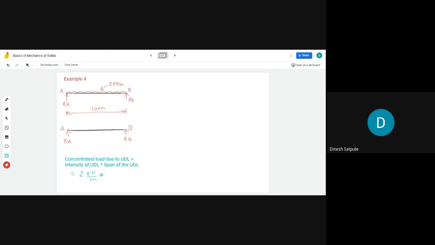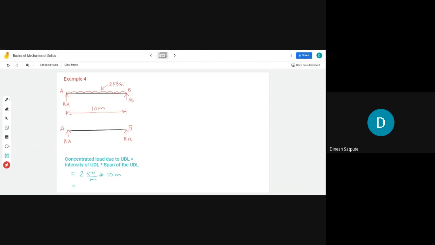Now if you do the calculation, 2 multiplied by 10, and the meter gets cancelled. These many kilonewtons are left.